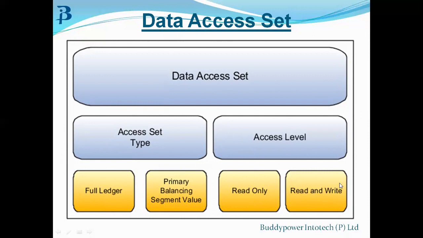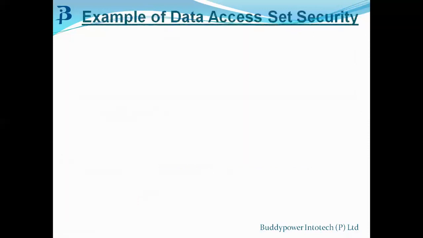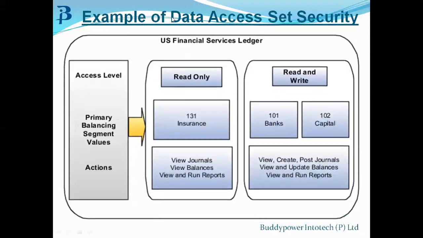Let's see an example of how it works. Here is a US financial services ledger. This example shows a data access set that secures access by using primary balancing segment values that correspond to the legal entities. These are the legal entities. So this is a data access set for the US financial services ledger.